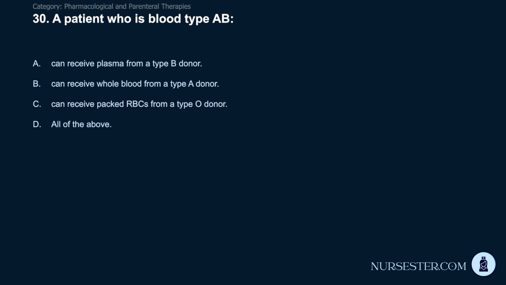30. A patient who is blood type AB: A, can receive plasma from a type B donor. B, can receive whole blood from a type A donor. C, can receive packed RBCs from a type O donor. D, all of the above. Correct answer, C, can receive packed RBCs from a type O donor.